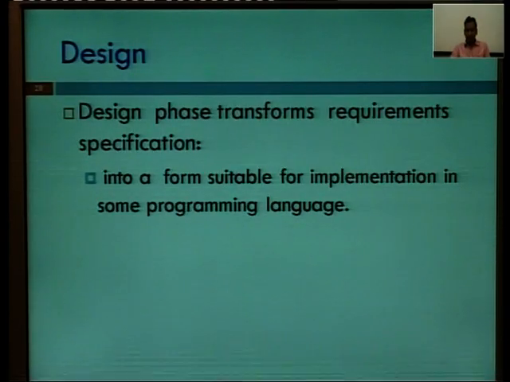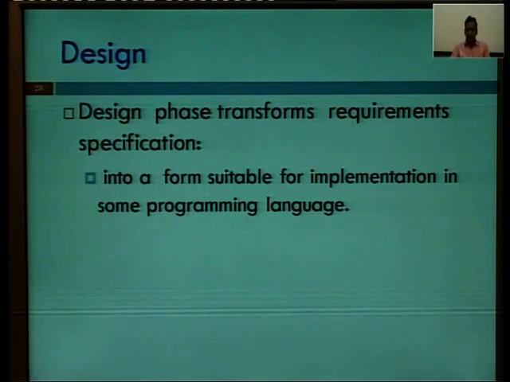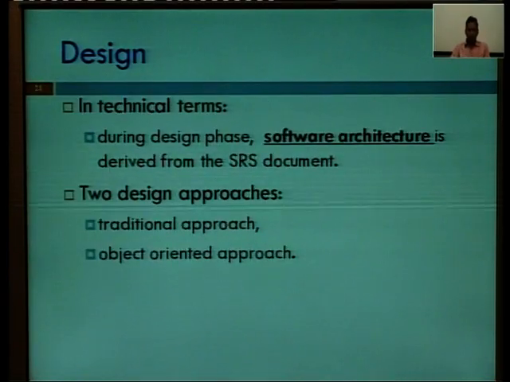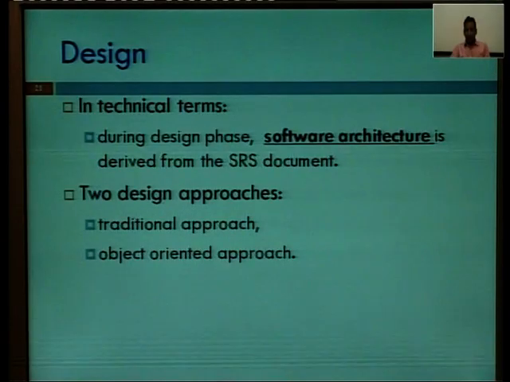Here we are not writing the code in a particular programming language in the design phase, but we specify how the problem is to be solved by using different design methodologies like flowcharts, algorithms, DFDs, and different UML diagrams. In technical terms, during the design phase, software architecture is derived from the SRS document.